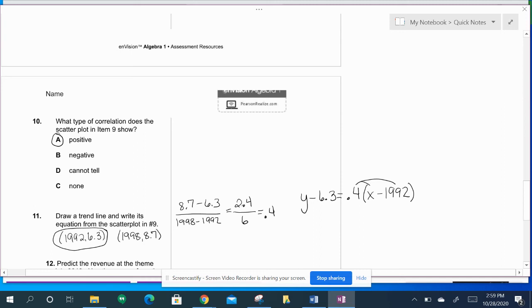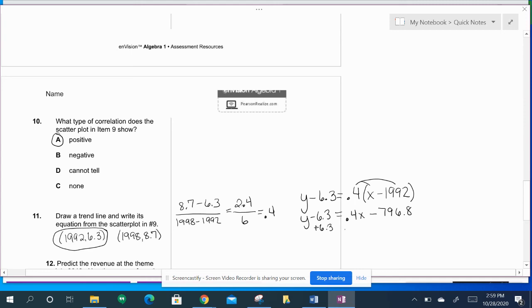Going those 2 extra steps to get it in slope-intercept form, I'm going to get 0.4x, and then 0.4 times 1992 is minus 796.8, and then y minus 6.3.